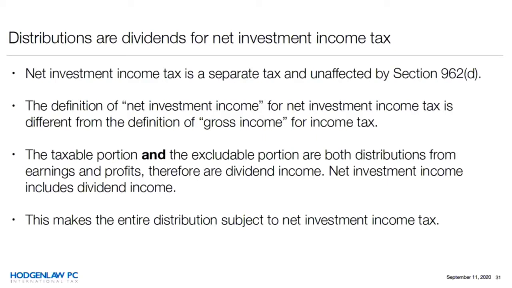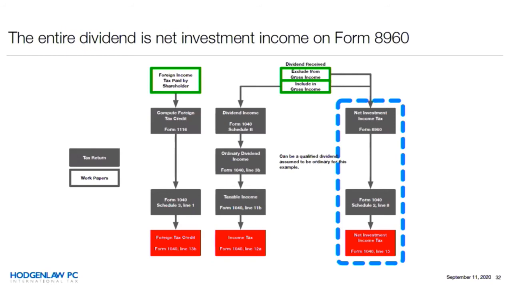It's all dividends. So what this means is anytime there is a distribution from a controlled foreign corporation to an individual shareholder, the 3.8% net investment income tax is going to apply. And this is true whether it's for someone who made the Section 962 election or did not.